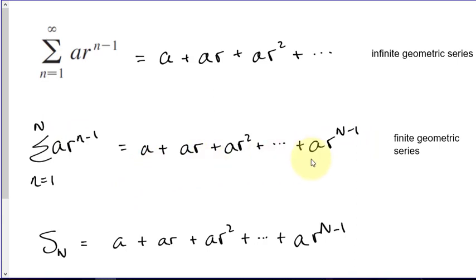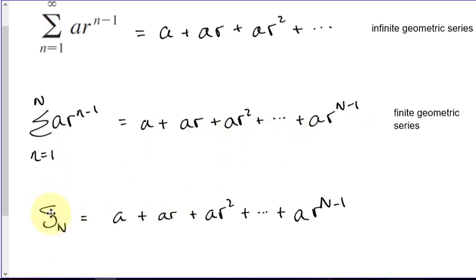So this is a finite number of terms. We could call this sum S sub big N and call this the nth partial sum of the infinite series. So in studying the infinite series, you also need to understand a formula for the sum of the finite series. The finite series is what we call the nth partial sum.